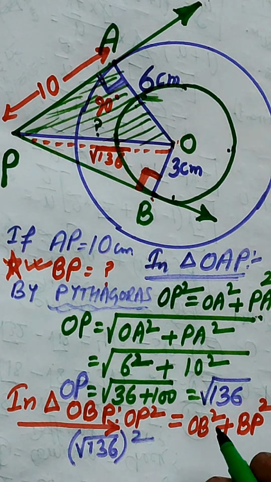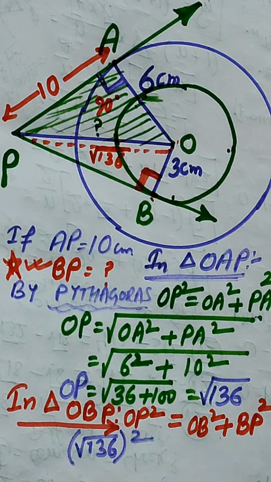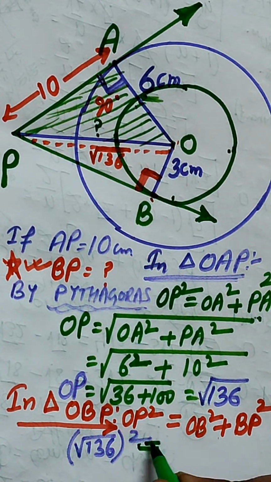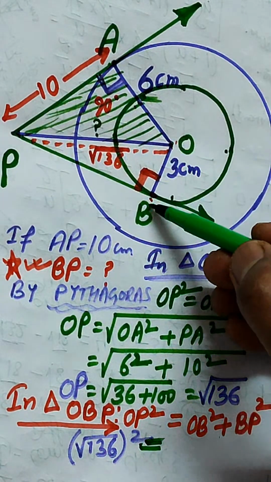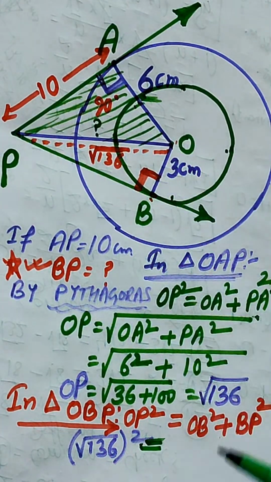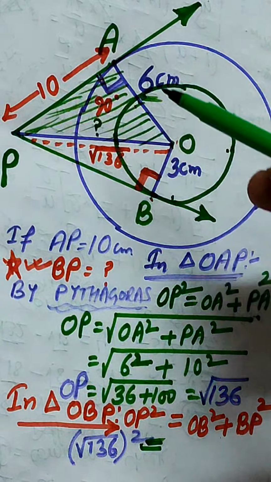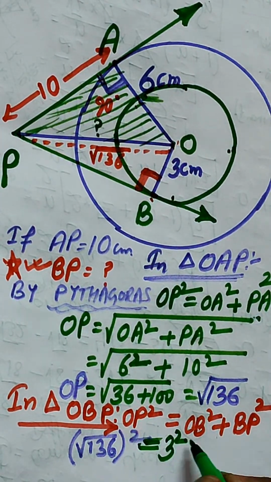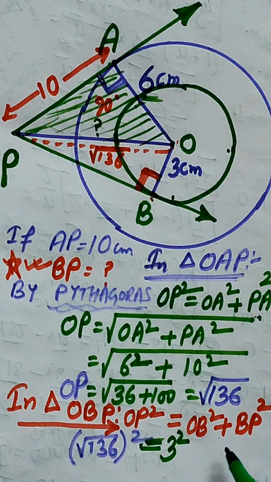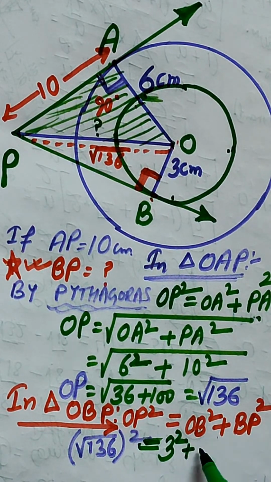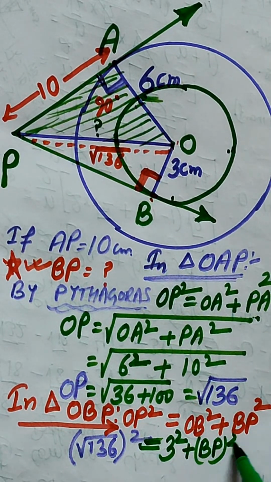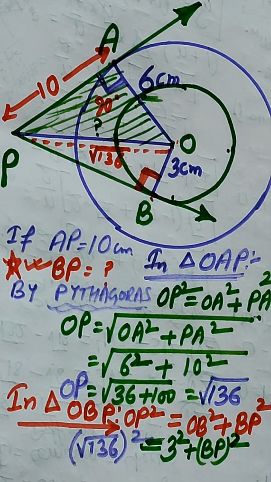And this will be equal to OB square. What is the value of OB square? OB is the radius of the smaller circle, which is 3, right? So it will be 3 square, and another is the variable which we are going to calculate, BP square.